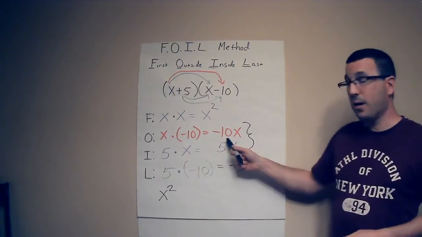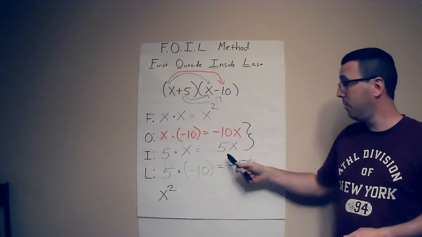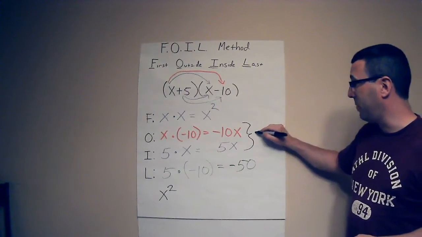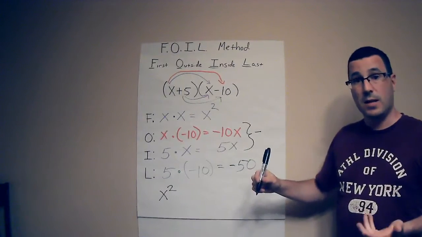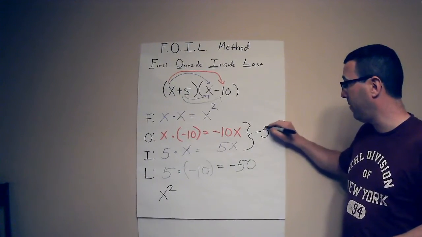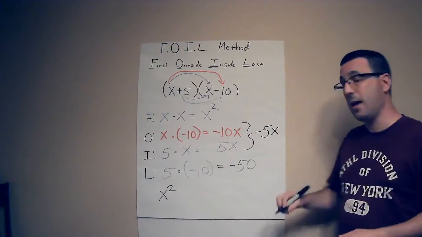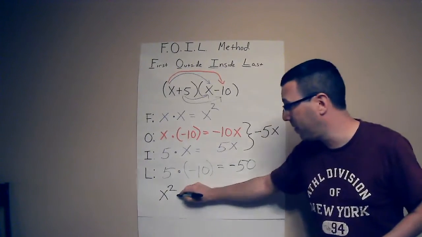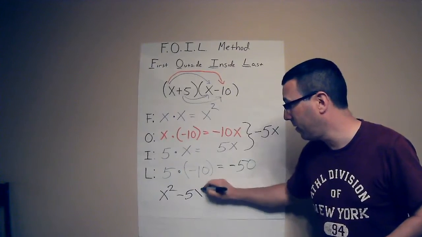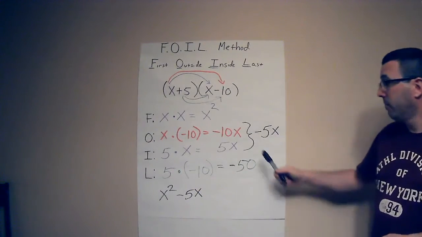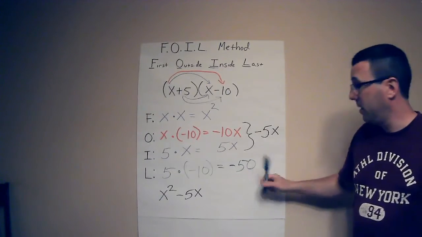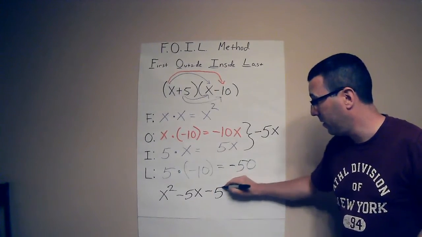We have negative 10x plus a positive 5x, so it's going to be a negative. 10 minus 5 is 5, and we keep the x. So our middle term is going to be a negative 5x, and then our last term is the constant, minus 50.